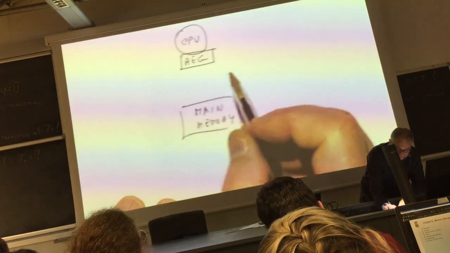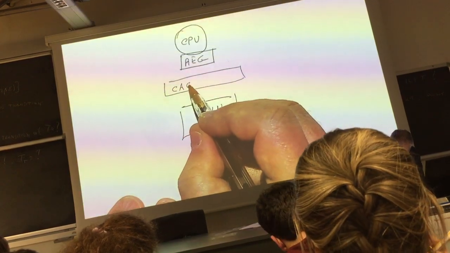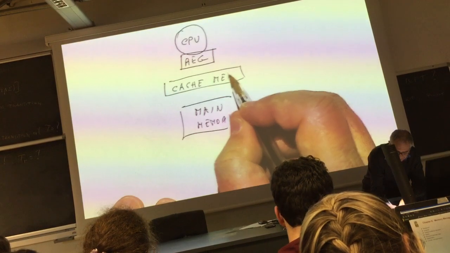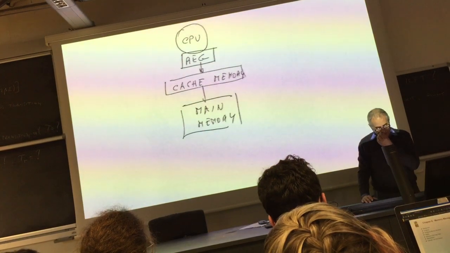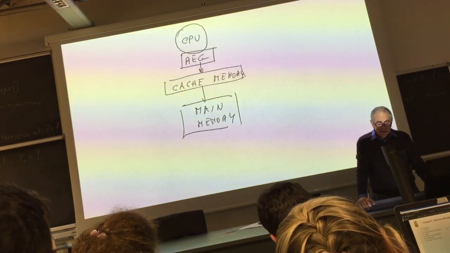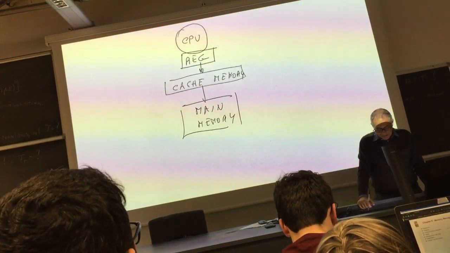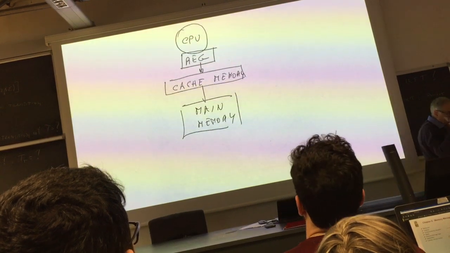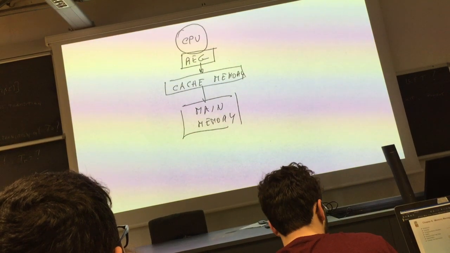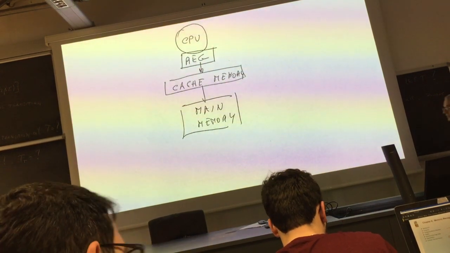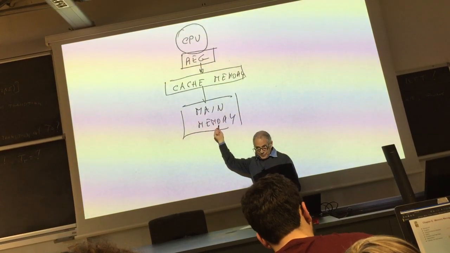And in between, you have cache memory. So what is cache memory? A cache memory is a special memory, not so special, but it is managed in a different way by hardware with respect to the main memory.